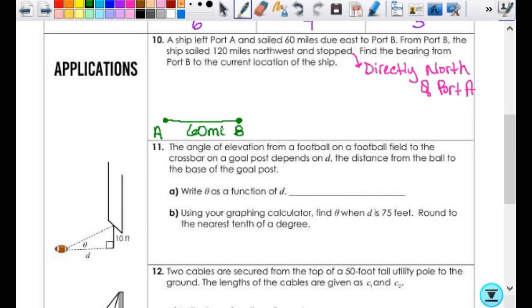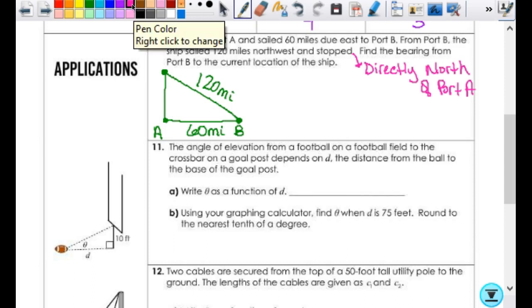And then sailed 120 miles northwest, stopped directly north of port A, and I want to find the bearing from port B to the current location of the ship. All right, so the bearing from port B to the current location up here would mean that I'm looking for this angle right here. Y'all agree with that?